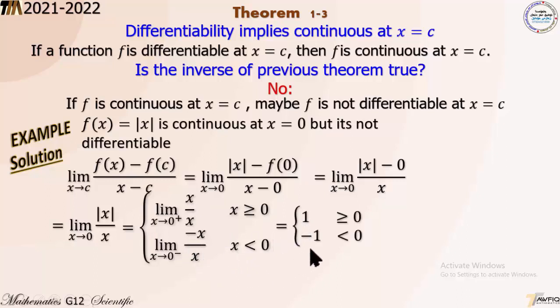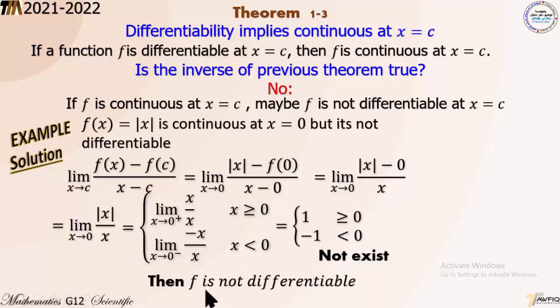That means the right limit is not equal to the left limit, so this limit does not exist. Because this limit does not exist, the function f is not differentiable at x equal to 0. That means the function is continuous but not differentiable.